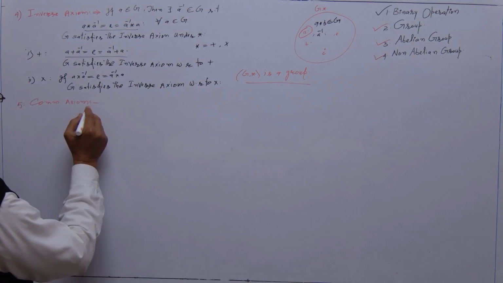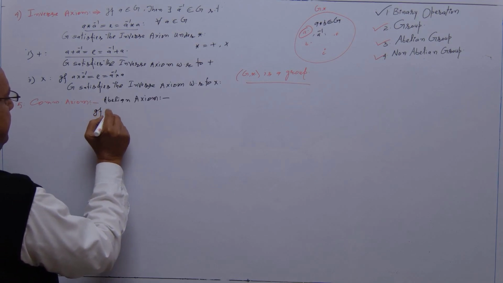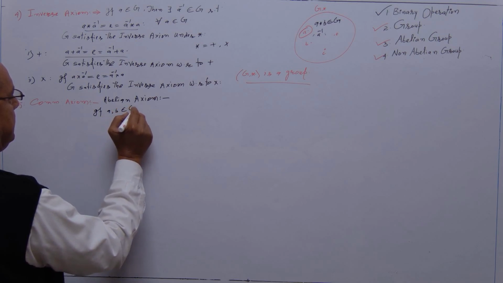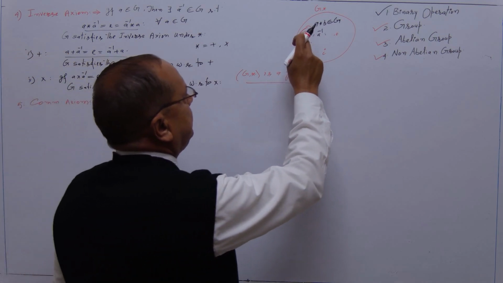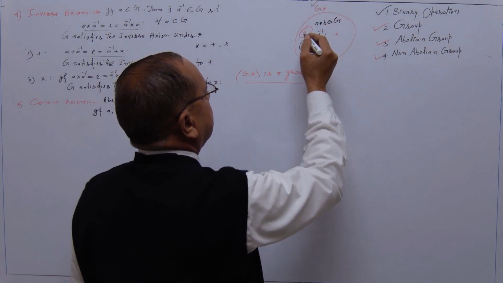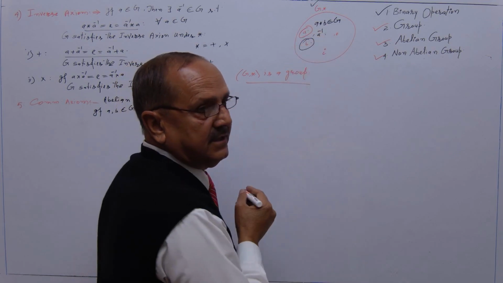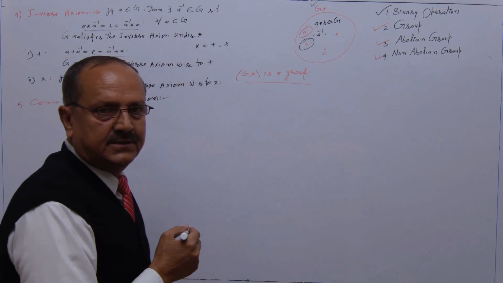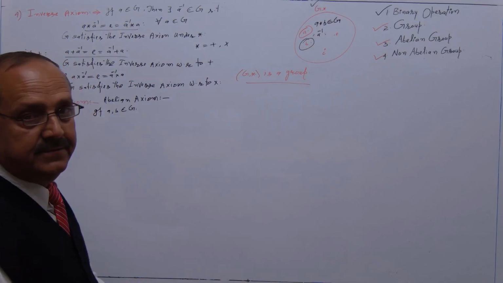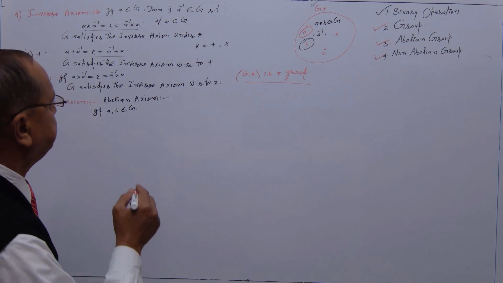The commutative axiom means A, B are two elements of set G, then A star B must be equal to B star A. If this condition is satisfied, it means G satisfies the commutative axiom under star.